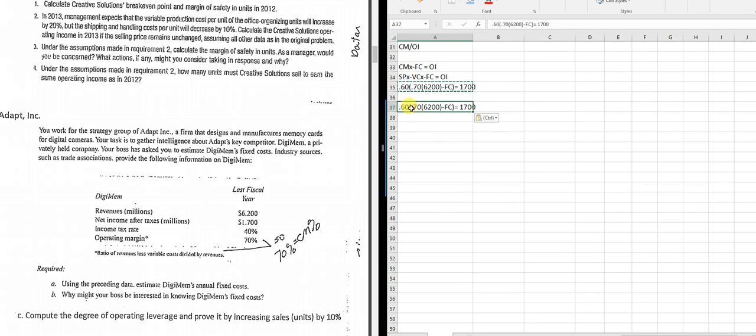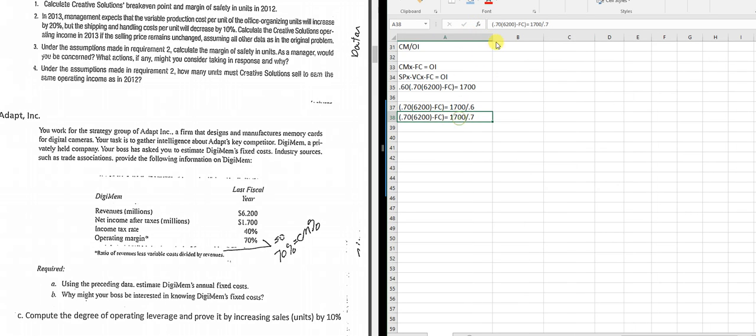Okay, and I'm going to divide both sides by 1,700 by 0.6. And so then I'm going to have 1,700 divided by 0.6. So change that to 0.7. 1,700 is 2833.